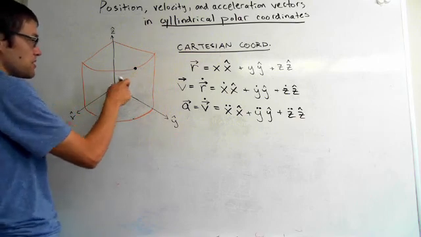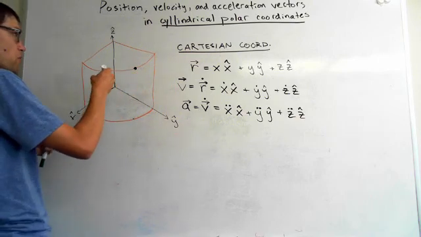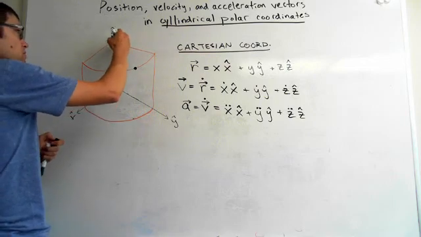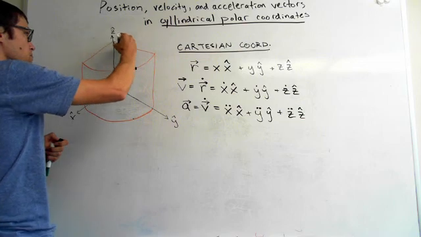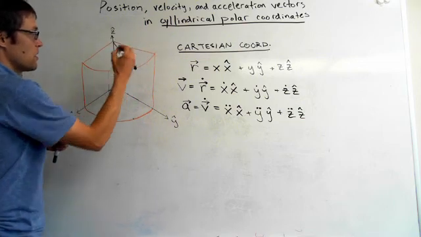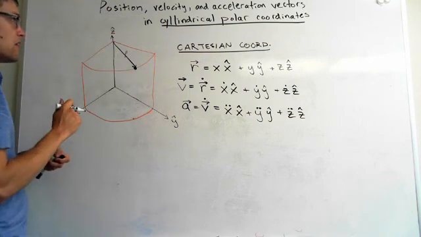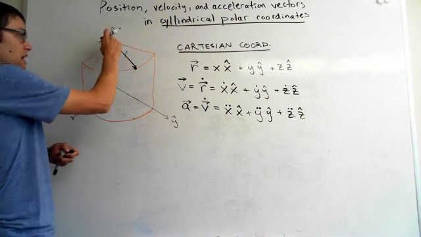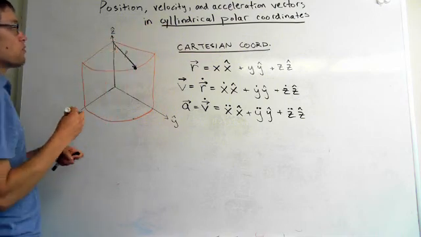To represent the position now in cylindrical polar coordinates, again we'll have three coordinates, and one of those coordinates is called rho. Rho is this distance from the z-axis to the point, and that line that I just drew makes a 90-degree angle with the z-axis.